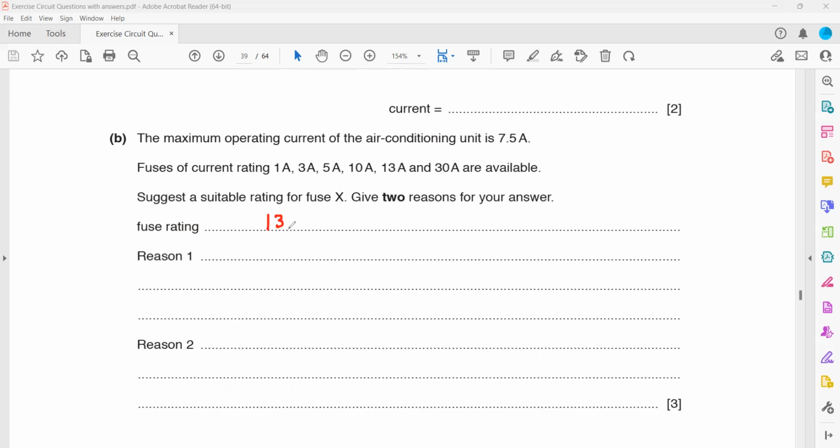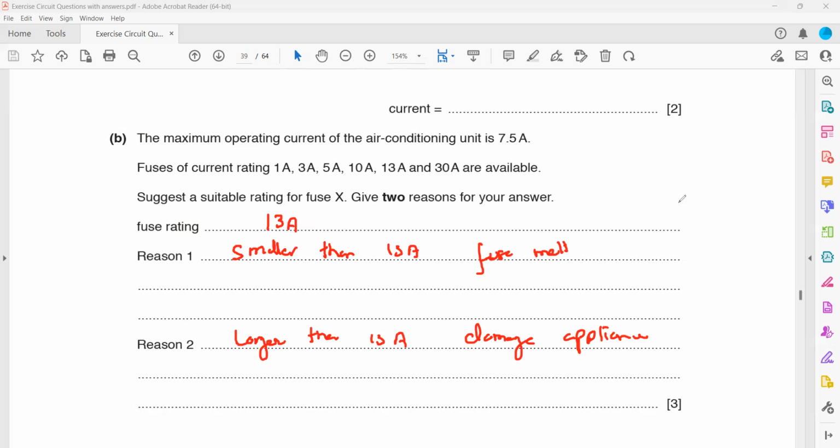So here we select 13 ampere, and reason one: why did we not select smaller than 13 ampere? The fuse will melt. And why did we not select larger than 13 ampere? It will be dangerous, or it can damage the device or appliance.